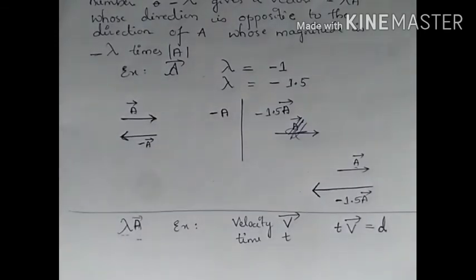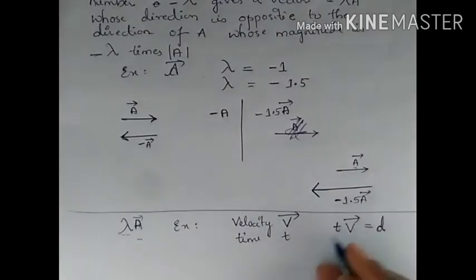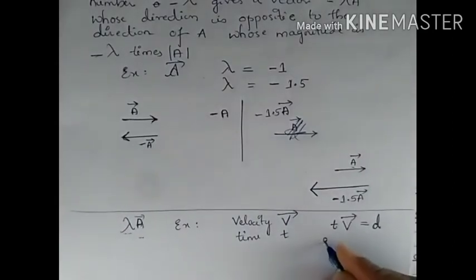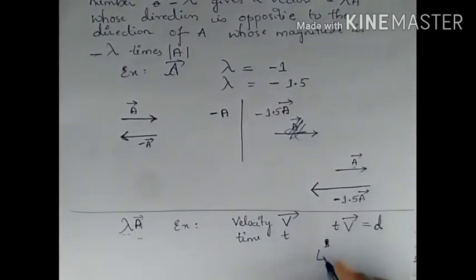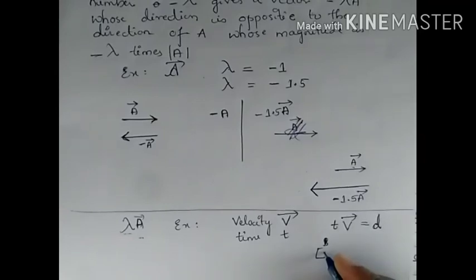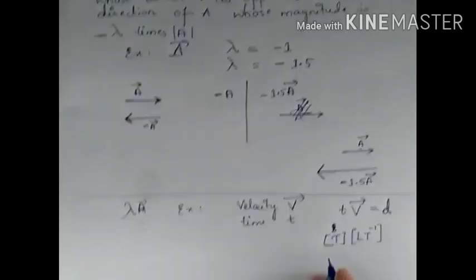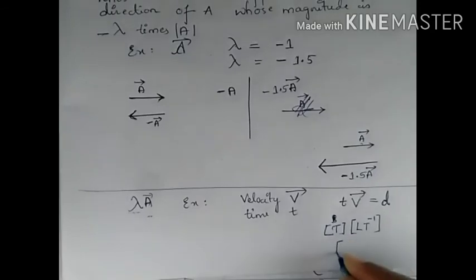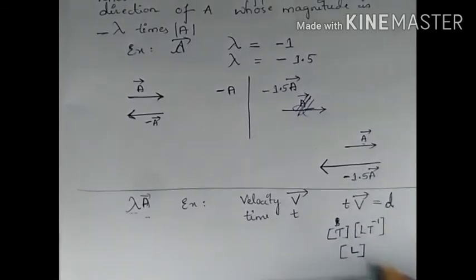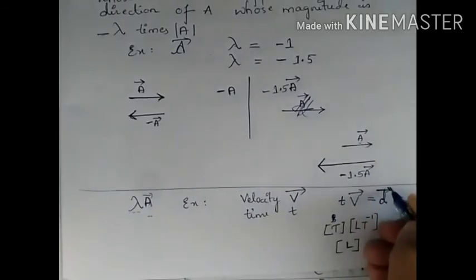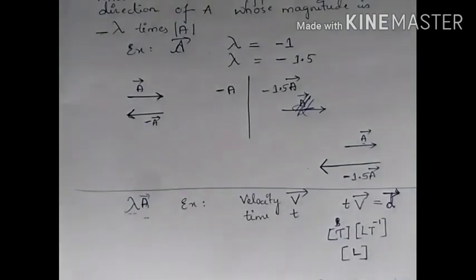Dimension of lambda A is the product of dimension of lambda and A. So the dimension of t is what? S. And the dimension of v is L T power minus 1. So if you write, then this will be only L. So displacement is a vector quantity.